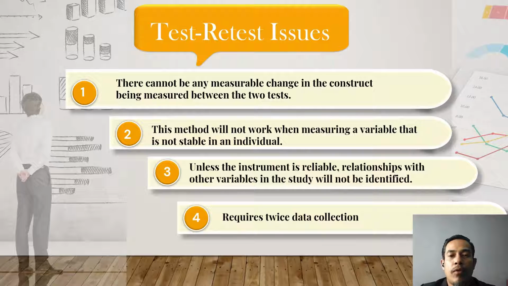This method will not work when measuring a variable that is not stable in the individual. The test retest method cannot be used if the variable is not stable in those individuals.